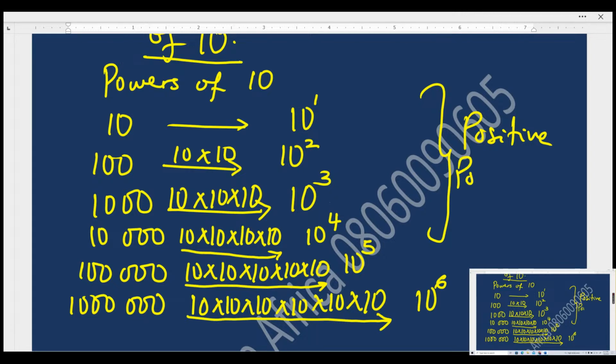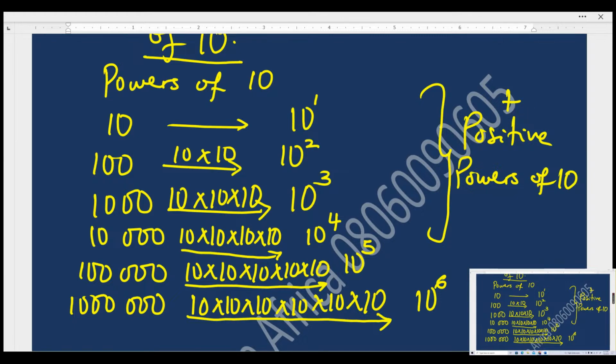Take note, we call them positive powers of 10. When we are talking about positive, we are talking about the plus sign. 1 means plus 1, 2 means plus 2, 3 means plus 3, 4 means plus 4, 5 means plus 5, 6 means plus 6.